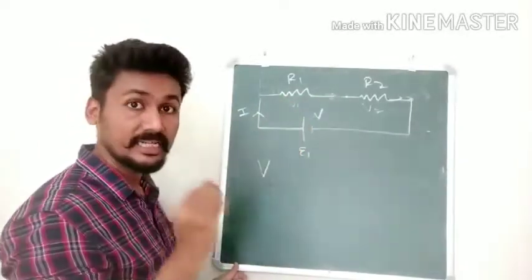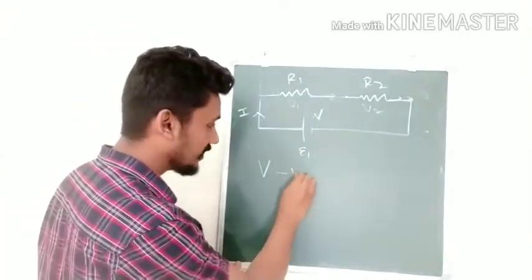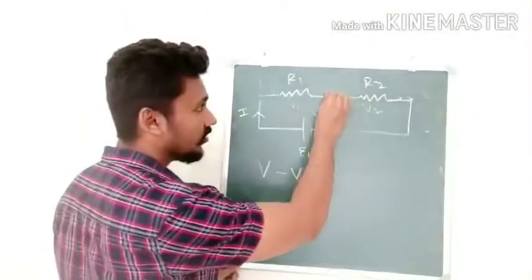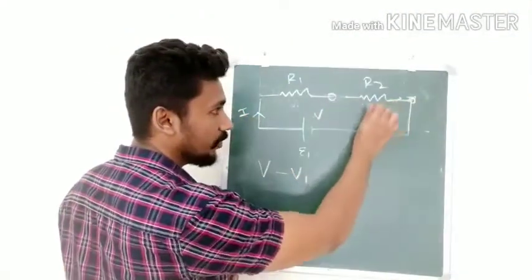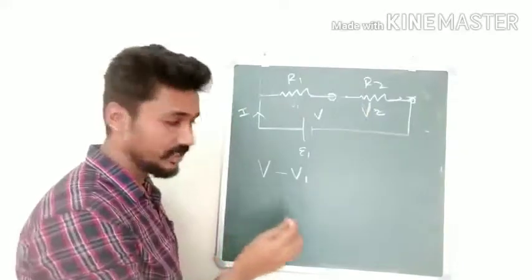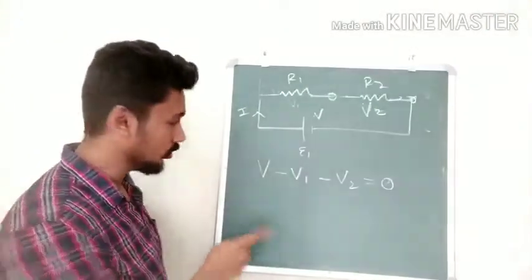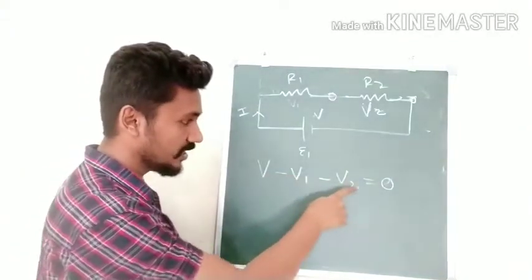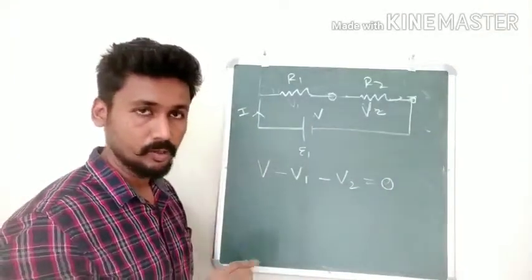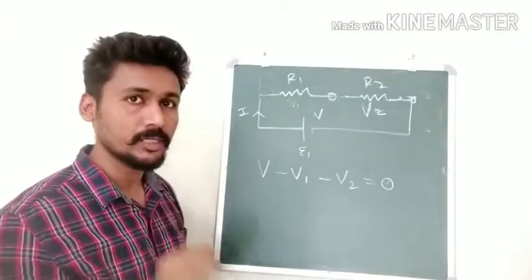So the change in potential is minus V1. Similarly, from here to here, the change in potential is minus V2. This is equal to 0. So you get V minus V1 minus V2 equal to 0. That is the understanding of Kirchhoff's loop rule.